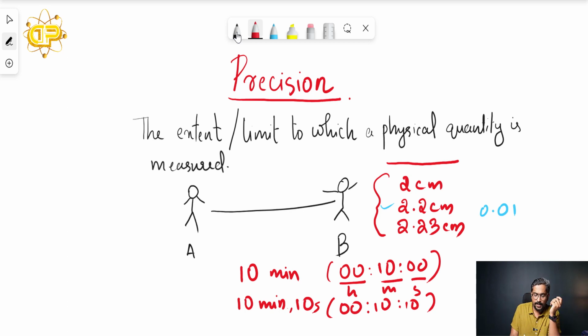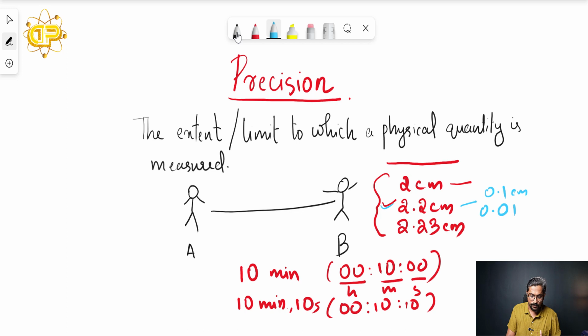But in the first case, what is the precision? Up to 2. That particular instrument cannot measure more than that. So more precisely, I am using another instrument which has a resolution of 0.01 centimeter, and then I will say it is 2.2, right? Then I am saying it's not centimeter, it's millimeter.